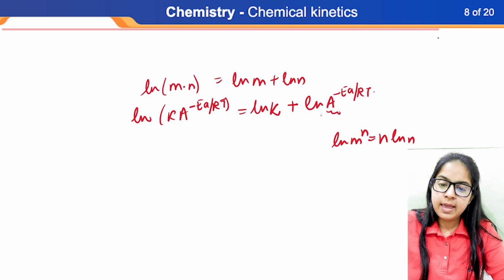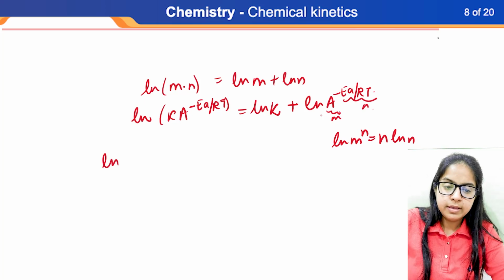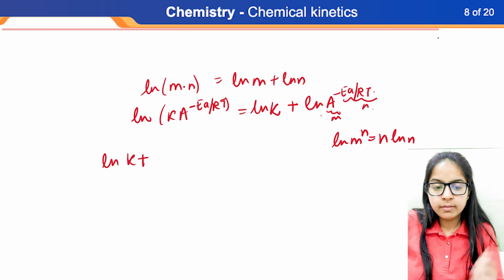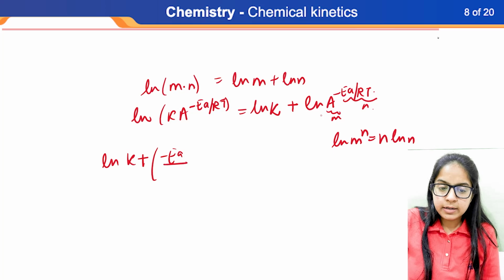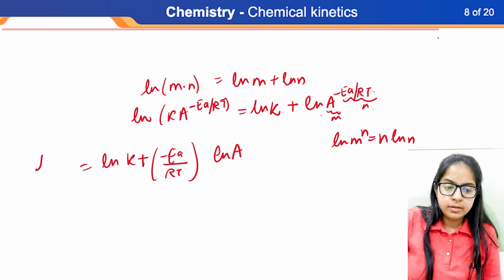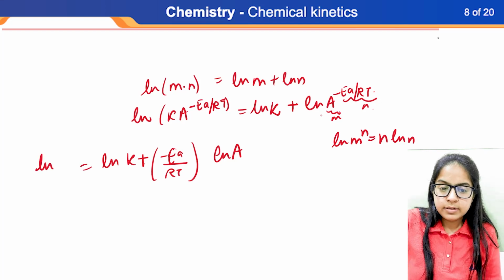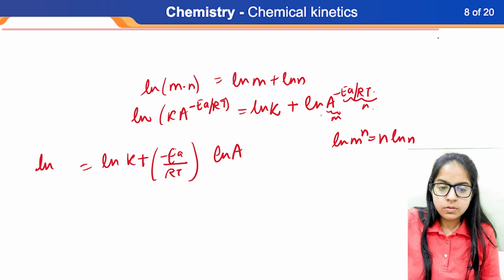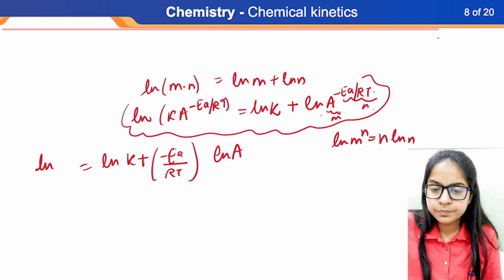So this is my m, this is my n, and n is going to be in front. Then ln A plus minus EA by RT, because it's negative. Sorry, this one is wrong, sorry.